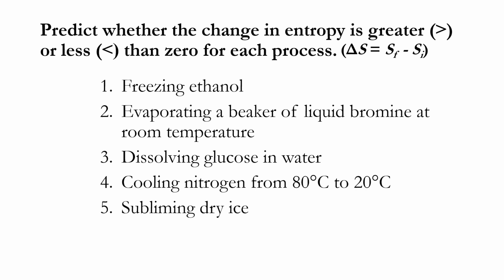After ethanol has frozen, it becomes solid. So the initial state is liquid, the final state is solid. Comparing the entropy of the final state and the initial state of the alcohol, which has higher entropy? The final state is solid, the initial state is liquid. So liquid, being the initial state, has higher entropy.